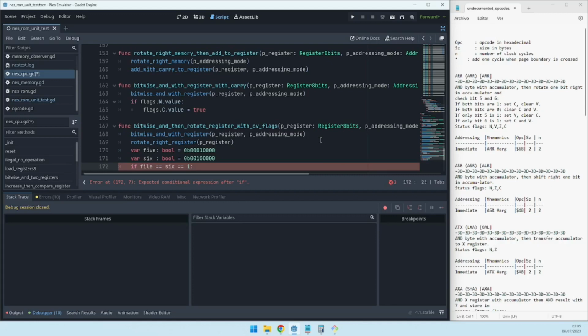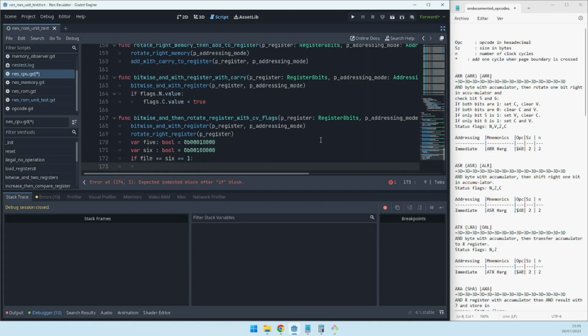Is that valid? I suppose not. And 6 equals 1. Let's make sure it works the way it is intended, because otherwise it is like an invisible parenthesis here and it is saying if true equals 1 or if false equals 1.